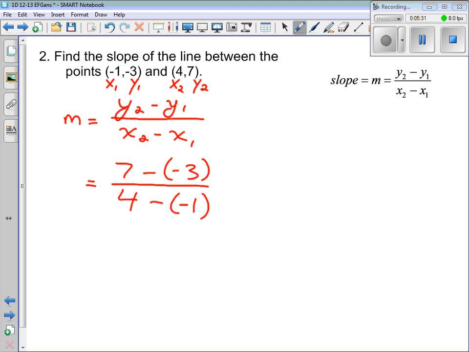Let's see, 7 minus -3 is like 7 plus 3, so that gives me 10. And then in the denominator, 4 minus -1, that's like 4 plus 1, and that gives me 5. So my slope is 10 over 5, or I can simplify that by doing the division, and my slope is just 2. So that would be the slope of the line.